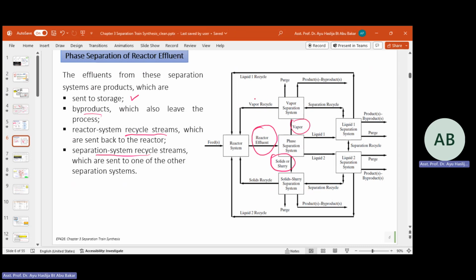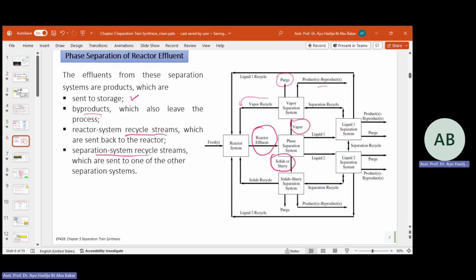If it is possible to recycle, you can recycle back to your reactor. The rest perhaps can be your product and or byproduct. If there is any low concentration, you can purge it to avoid the build-up.